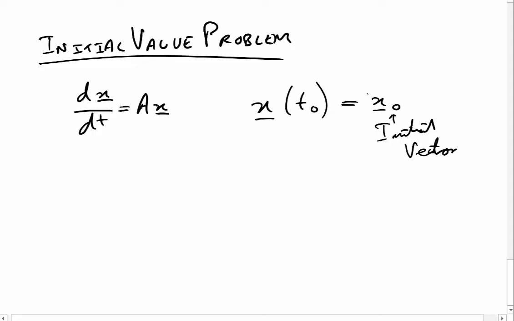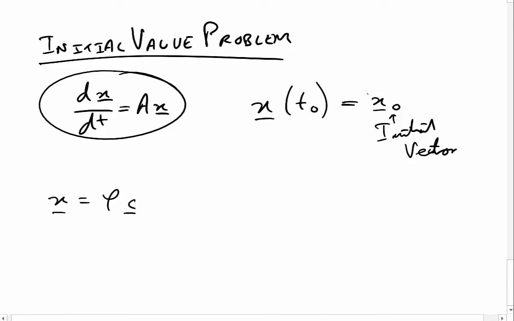All right, so this is what's going on. We've just shown that we can write the solution to this as phi times c, so x equals phi times c. As you can see, this will clearly be dependent on time, since the fundamental matrix contains our fundamental solutions, which all depend on time.